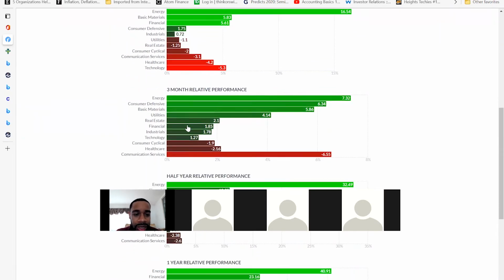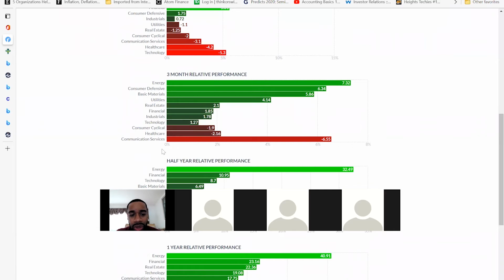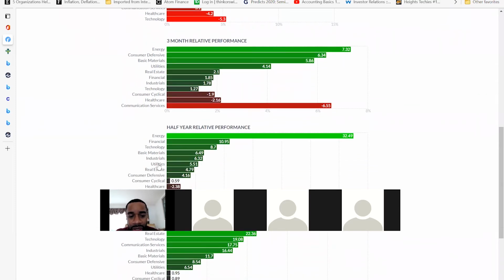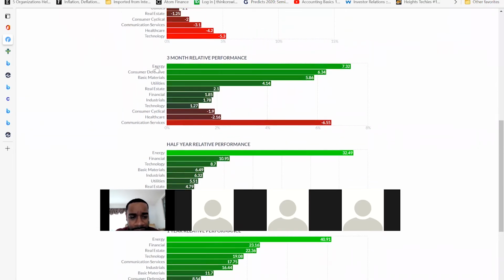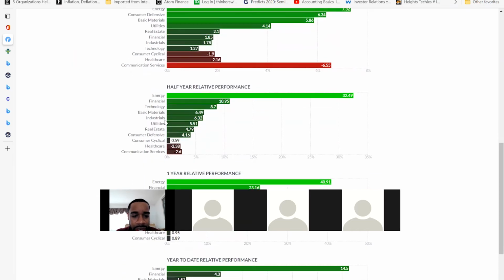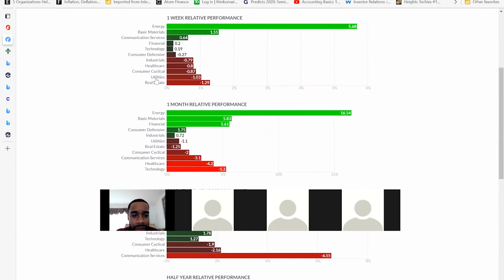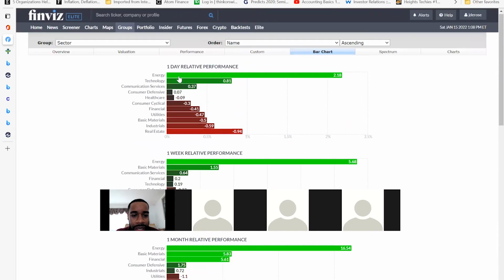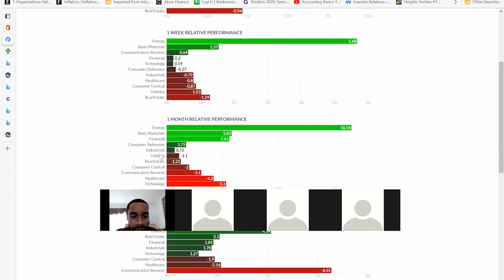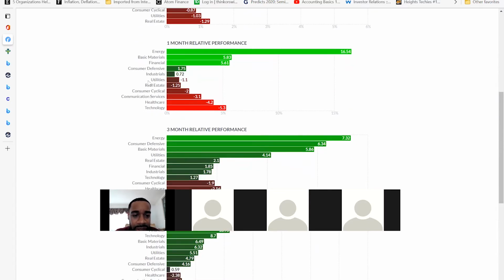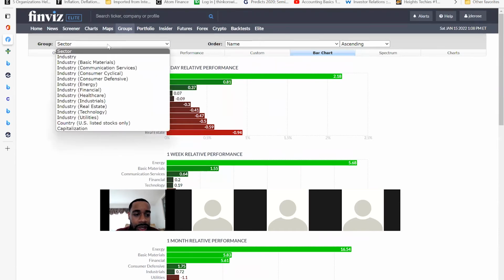These others tell you who has strength in the intermediate term. And it's energy, consumer defensive, basic materials, utilities, real estate, financials, industrials. And you're seeing tech is at the bottom, maybe because yesterday we actually had an update in the NASDAQ. Now these numbers are a little skewed, but that's okay. So, let's say I want to look at basic materials.